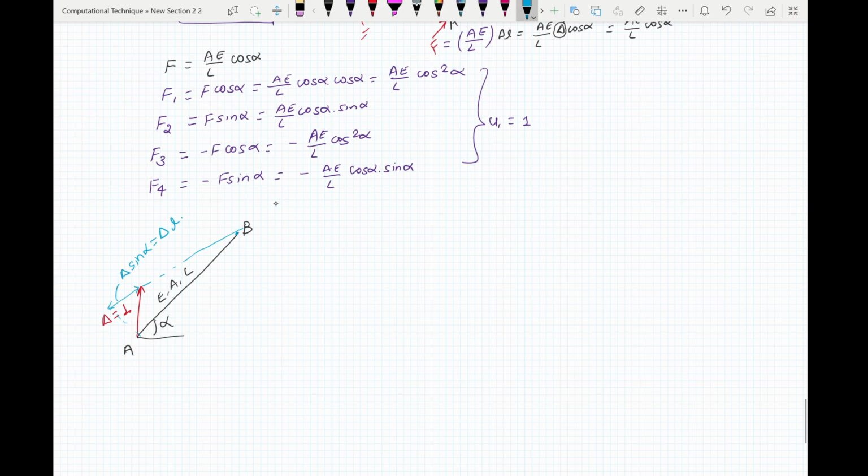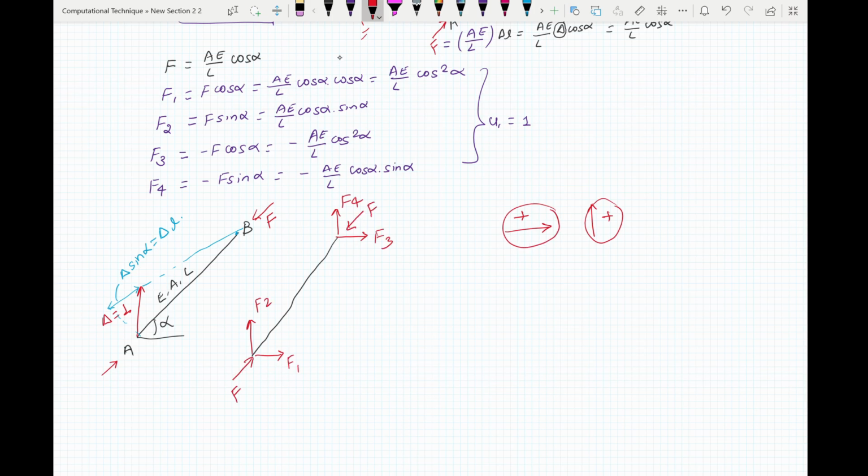And this will induce a force like this again. This will be equal to F. And then we have to find components of this F in this direction like this. We have taken this one as positive and this one as positive.